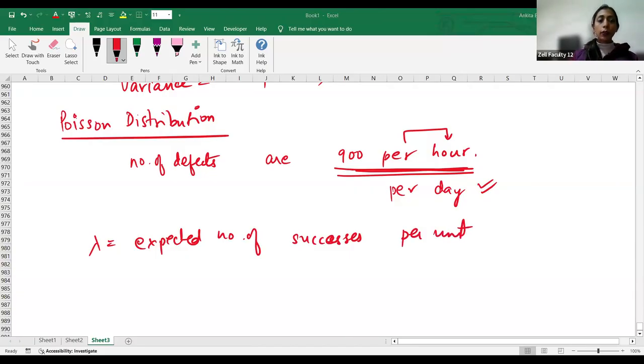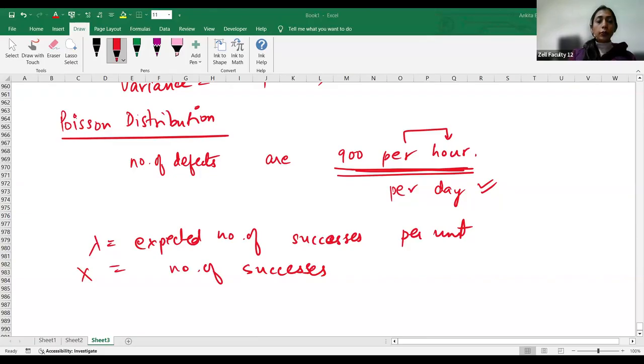Let me first tell you all the functions here, where x is the number of successes that you want to obtain, like in your binomial distribution. Let me explain this to you through a question, that would be very easy.